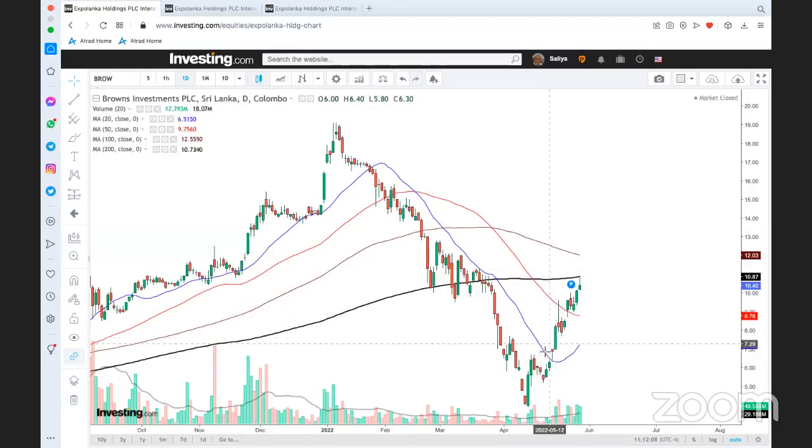Then the prices have crossed over the 20-day moving average and also the 50-day moving average, and are testing the 200-day moving average, right? It just tested yesterday. Thereafter, you can see the volumes also have increased, right?